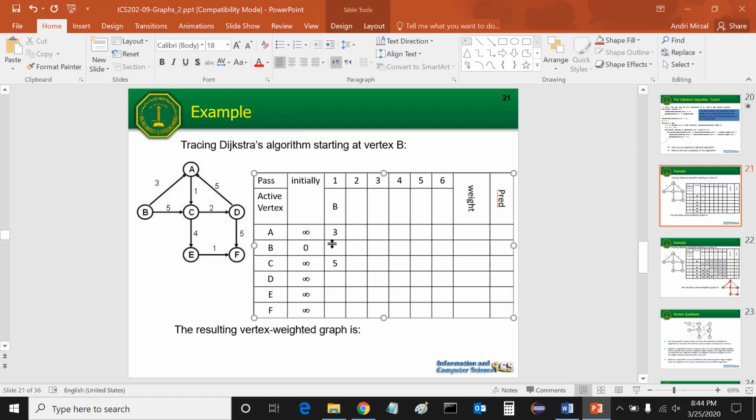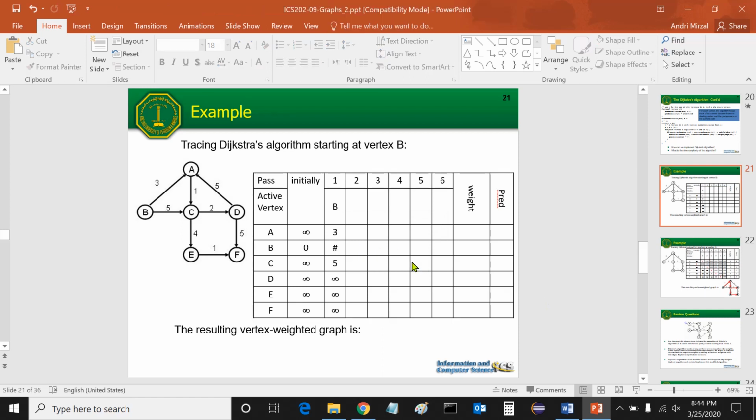That's why for the other vertex, we just use the previous value, which in this case is infinity. Now for B, because the active vertex is B, this is already finished. It is not being considered anymore, okay? So this symbol means that we do not consider this cell anymore, okay?